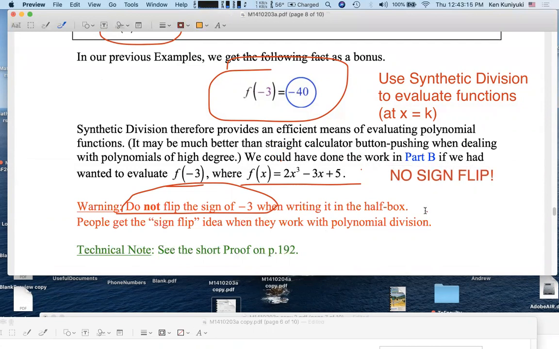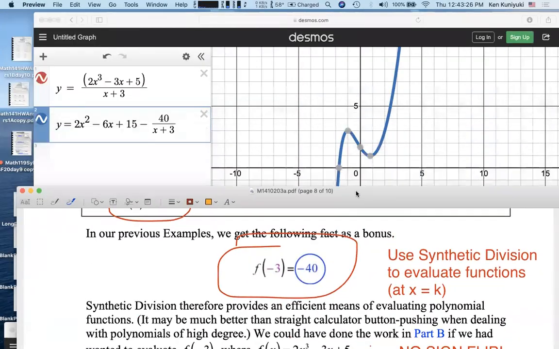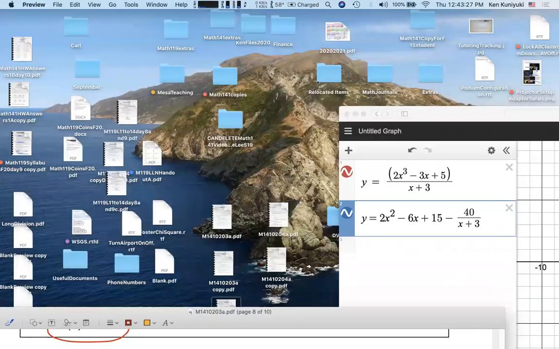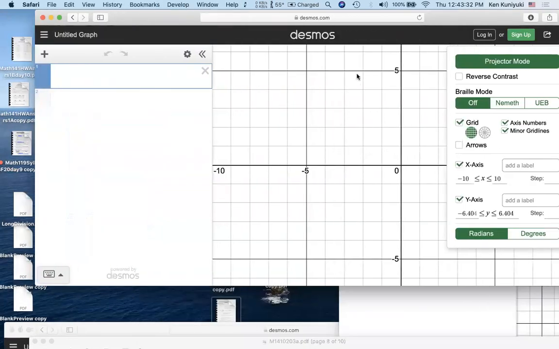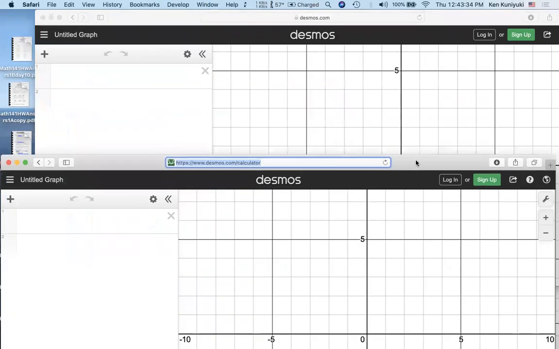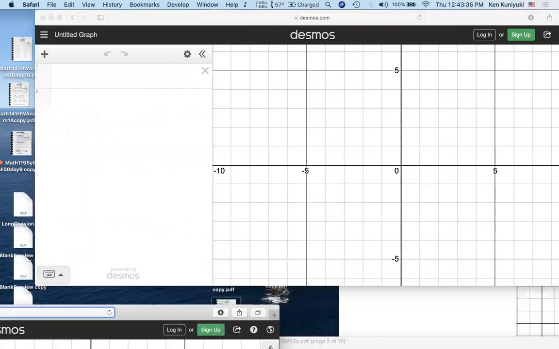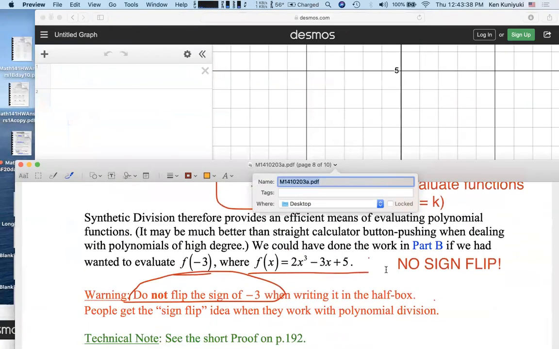All right. Now, where do you evaluate functions? Anytime you want a y-coordinate. So for example, let's go over to Desmos. Let's go to a new screen here. Now let's look at y equals the numerator, the dividend.